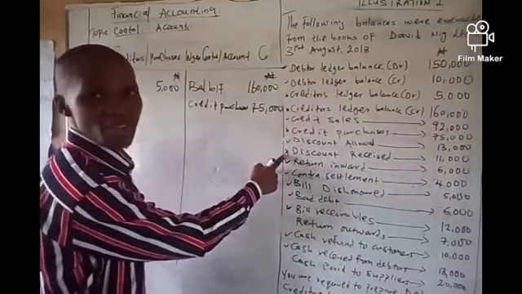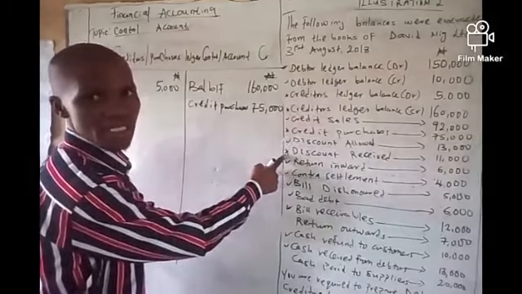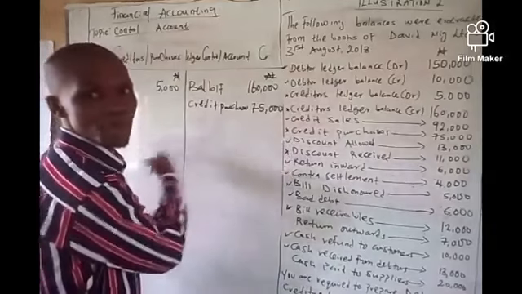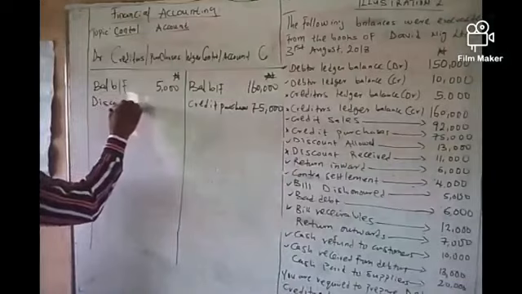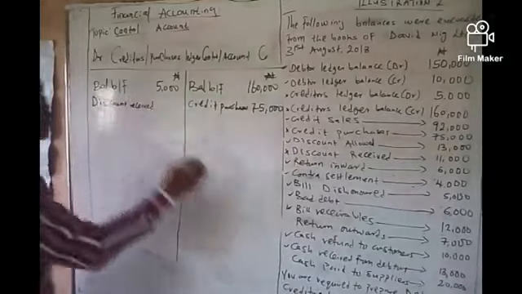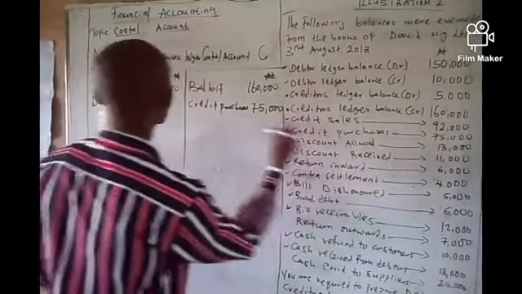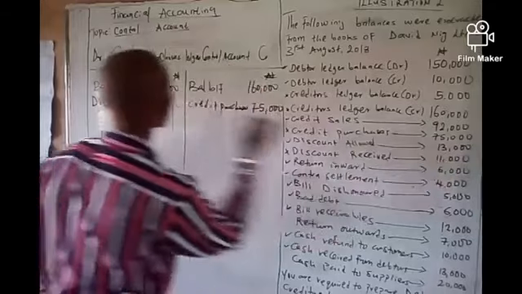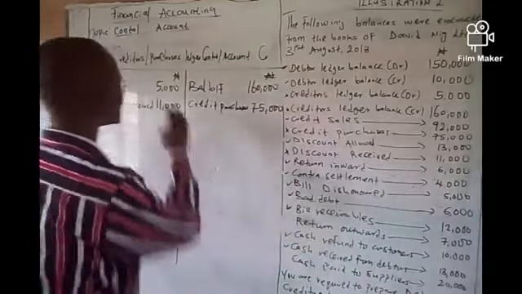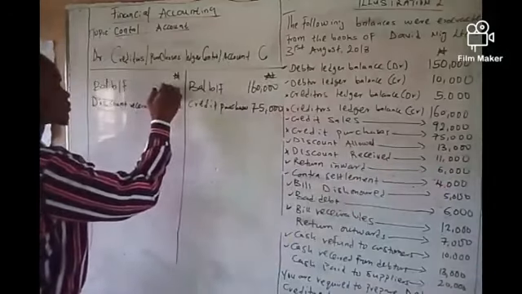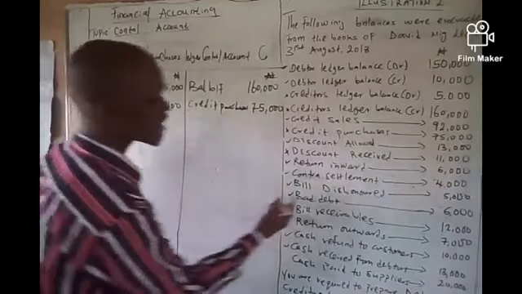We have discount received. We have not treated discount received. Discount received will be debited. How much is the discount received here? Our discount received is 11,000 naira. You bring down your 11,000 naira. Now we move to the next item.